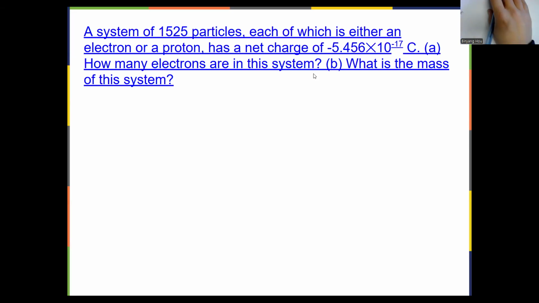In total, N total equals 1525, and then the total charge, let me call it C total, is minus 5.456 times 10 to the negative 17. So these are the ones given.